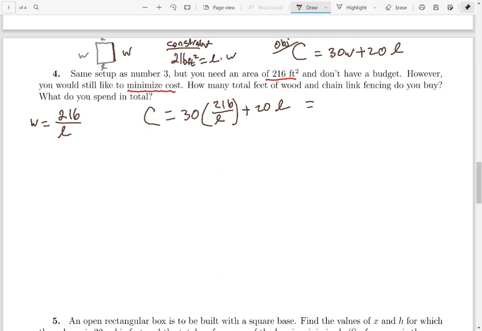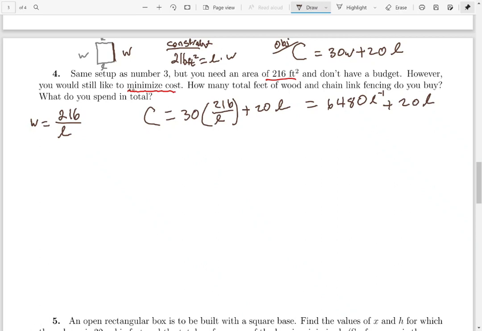I'm going to clean that up a little further so I have less to fight with. 30 times 216 is 6,480, all divided by L, plus, now I'm going to have to take a derivative, so maybe I want to rewrite it as times L to the negative first, plus 20L.